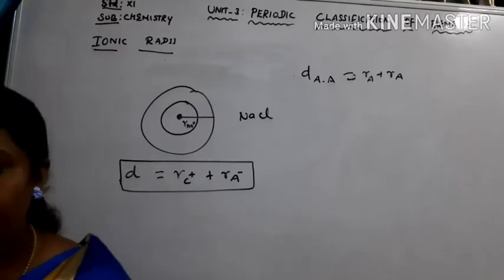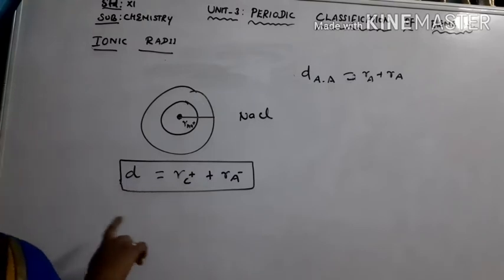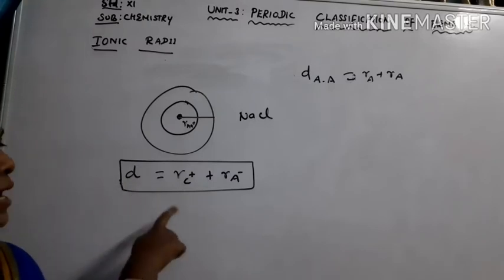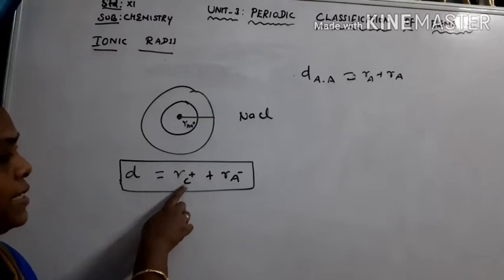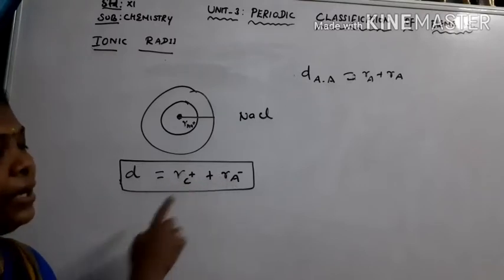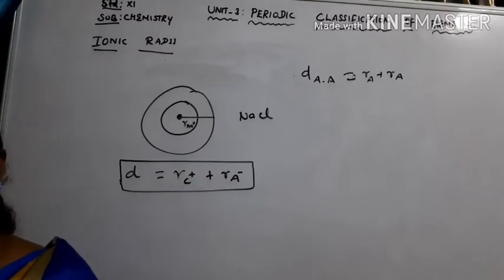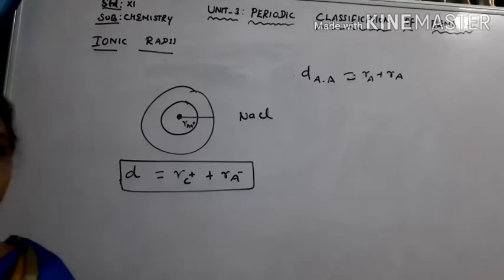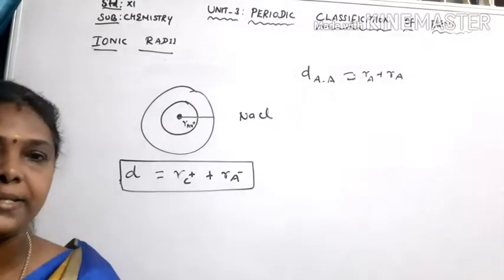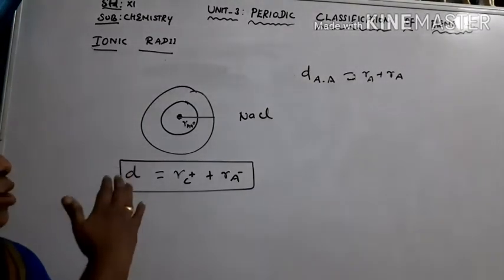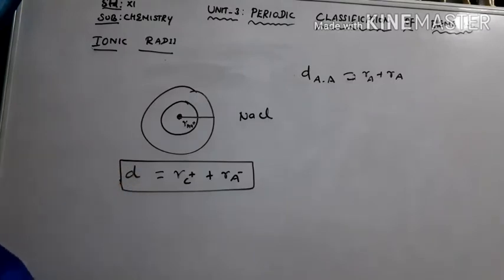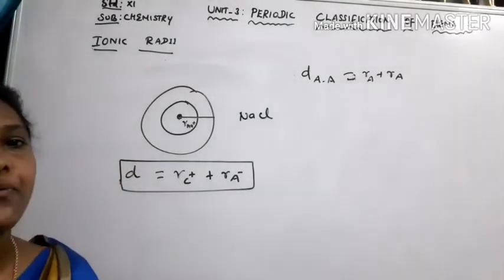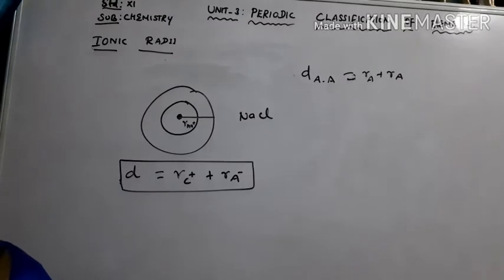So now that is the distance between the centers of the nuclei of the cation and anion. So r C plus is considered the radius of the cation and r A minus is considered the radius of the anion. Pauling also assumed that the radius of ions having the electronic configuration of inert gases is inversely proportional to the effective nuclear charge.